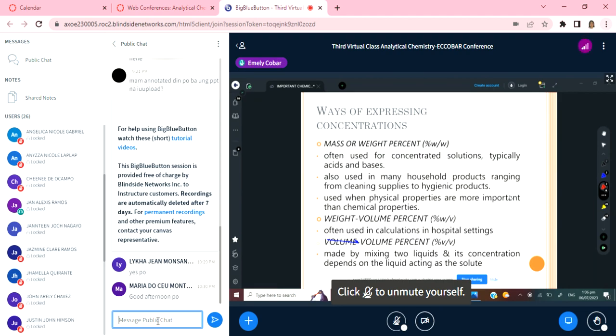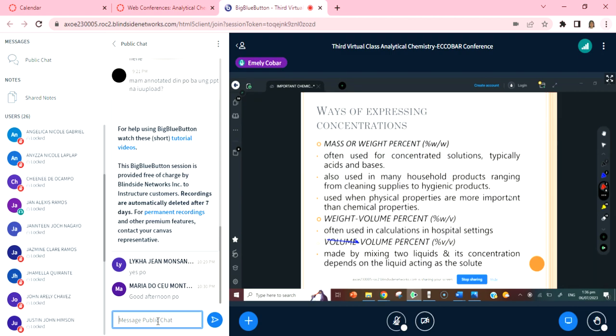Yun ang makikita natin dun sa reagent bottle, yung pinaka original na lalagyan ng mga chemicals na kinukuha natin sa laboratory. And this type of concentration is also used in many household products ranging from cleaning supplies to hygienic products.